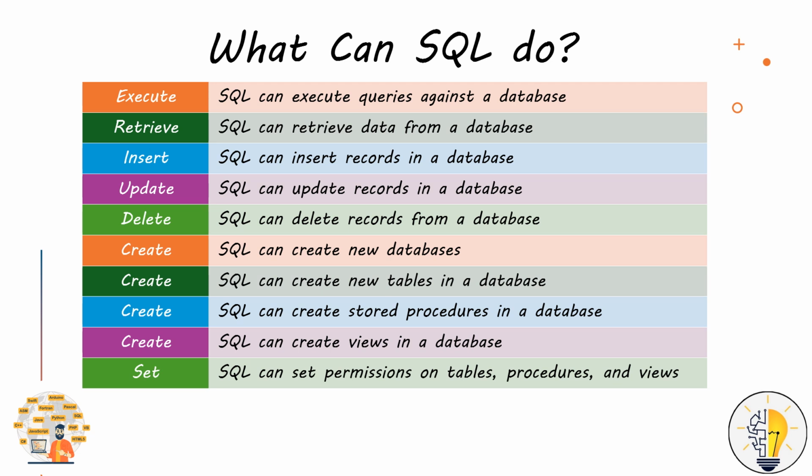It can create a new database, or create a new table in the developed database, or create a procedure so that in that procedure data can be fetched or deleted in the database. It can create a view in the database, how a database can be viewed, and set permissions, etc. These are some of the things that SQL can do.